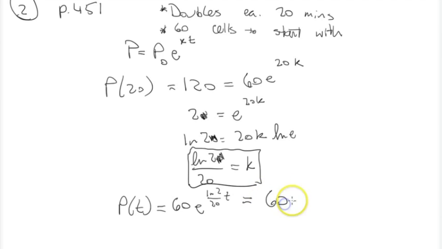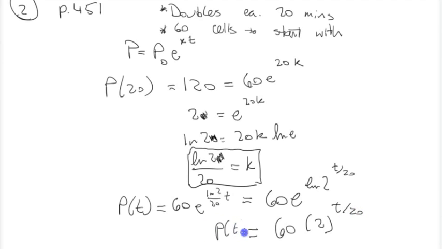So we'll get 60 e to the natural log of 2 to the t over 20, and so then this natural log and that e go away, and we get 60 times 2 to the t over 20, and that is our exponential growth formula for that population. And again, that's why it's called exponential growth, because it grows in an exponential manner.